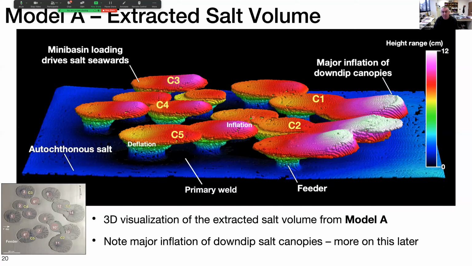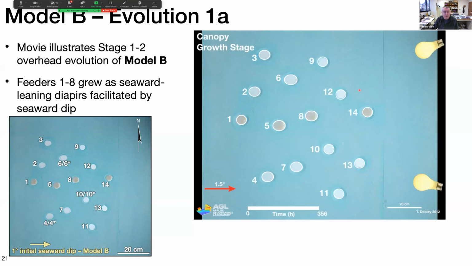We've got some deflation here, and we can see inflation at the edges of these systems here.